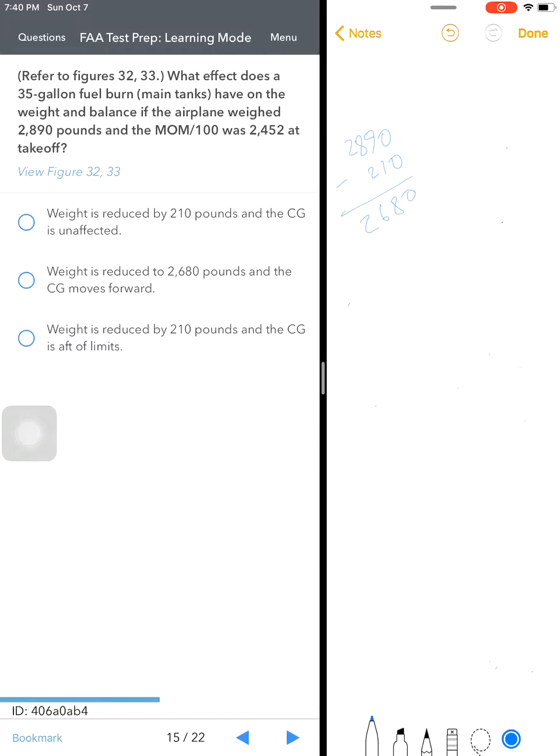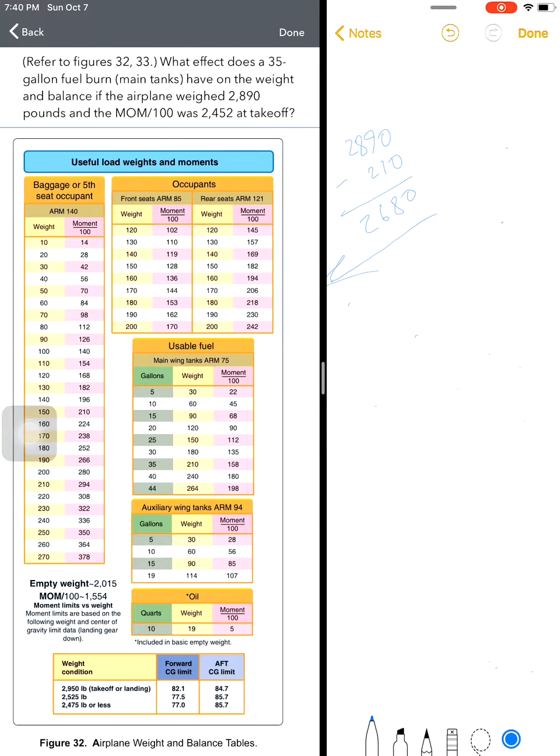Okay, and 2680 is 210 pounds less. The question is already answering us. Since it's 2680, you took the 210 pounds of fuel off.